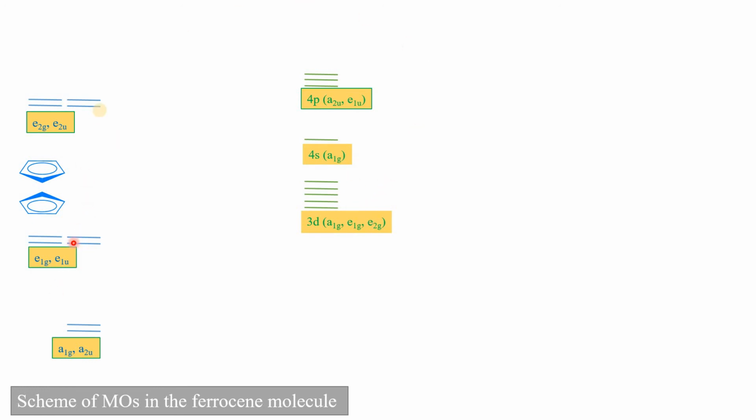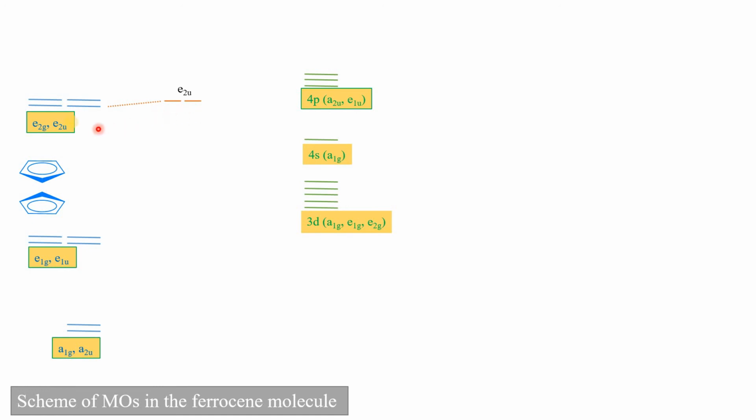And how many are there on the ligand? There are 10. Now match the symmetry. Then you will find that the E2U orbital has no symmetry match in the corresponding metal orbitals. So E2U remains non-bonding.